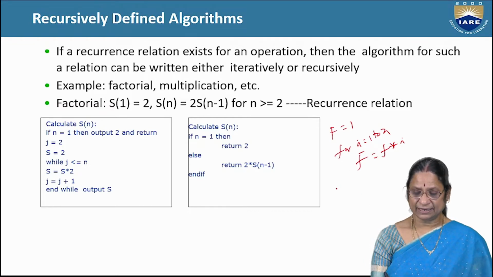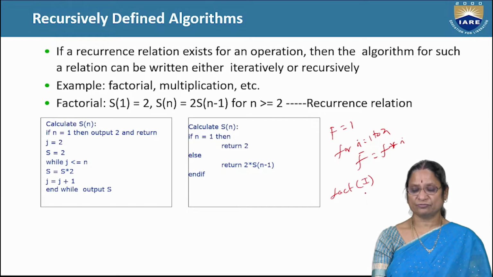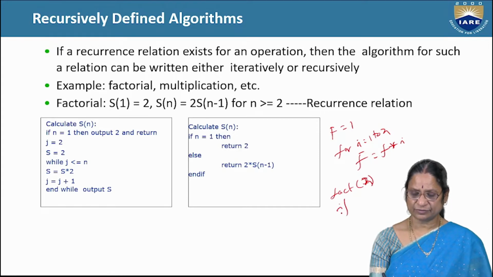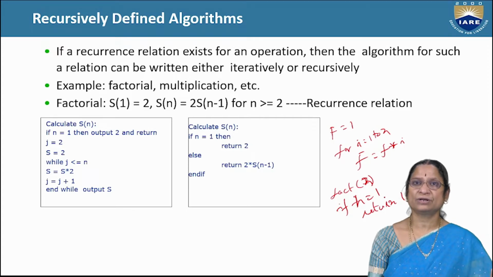The same thing I can write recursively. For example, I am writing a function fact of n. I will write a base condition first: if n is equal to 1, return 1. Or you can take n is equal to 0 also, return 1.